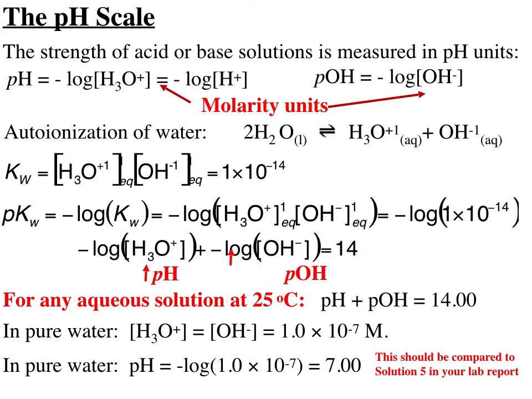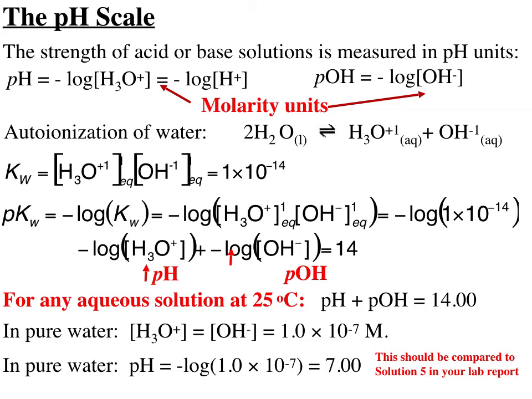If at equilibrium, when water dissociates, the hydronium ion times the hydroxide ion is 1 times 10 to the minus 14, and if, as you can see in the balanced equation, the stoichiometry says that the hydronium ion at equilibrium should equal the hydroxide ion at equilibrium because they're in 1-to-1 stoichiometry.